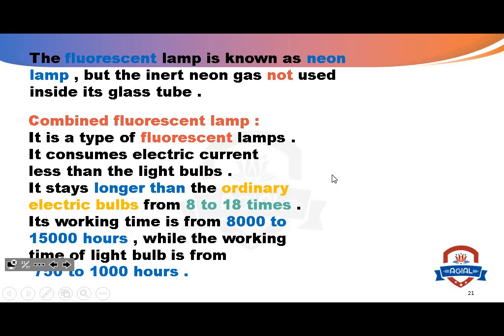Its working time is from 8,000 to 15,000 hours, while the working time of light bulbs is from 750 to 1,000 hours. This is the combined fluorescent lamp.